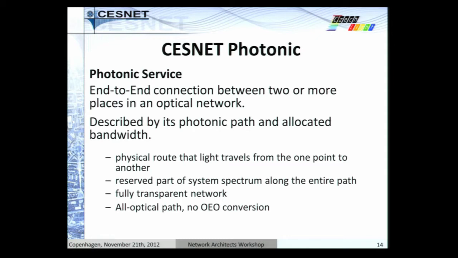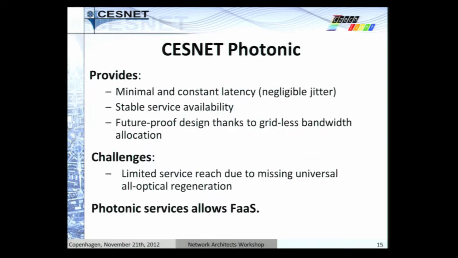It's an all optical path, fully transparent, independent of any protocols, and it can provide minimal latency, mostly based on the propagation latency of the signal through fiber, and practically no jitter, because there is no OEO conversion and no regeneration along the path, so there is no point where jitter came from.